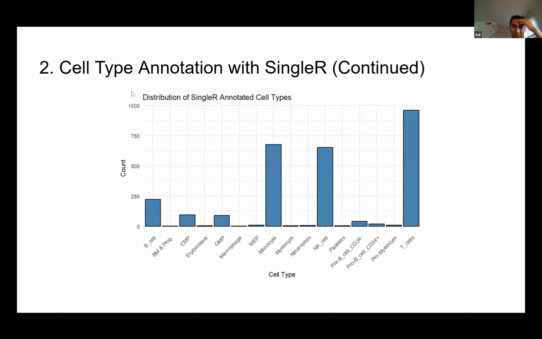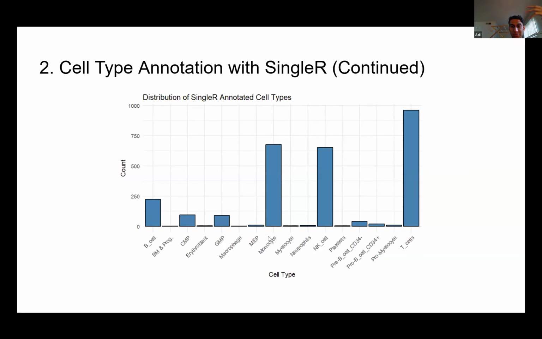Then you can see the distribution of counts of types of cells. You can see T cells, NK cells and B cells, which are common in bone marrow. So we see there are about 6 or 7 different cell types that are prevalent. There are a lot of other types that are identified, but they were relatively small, less than 10.